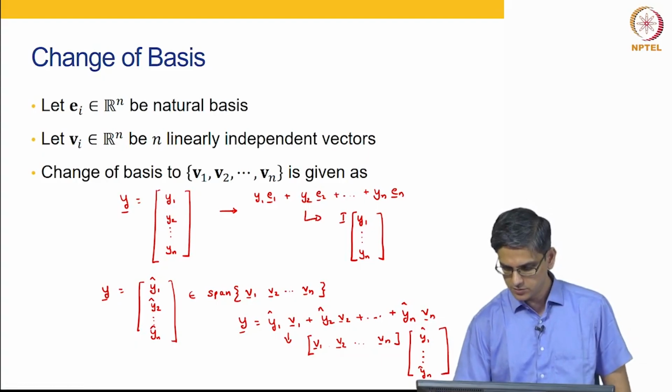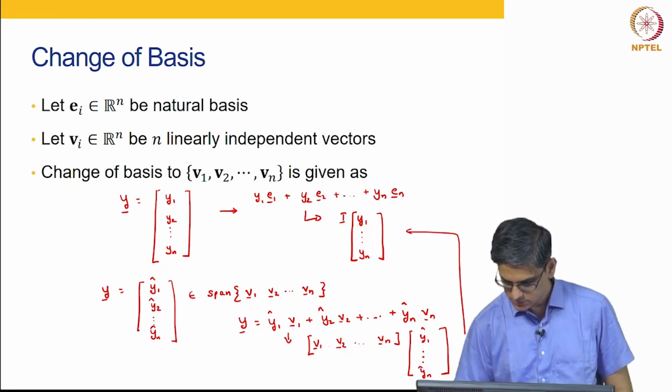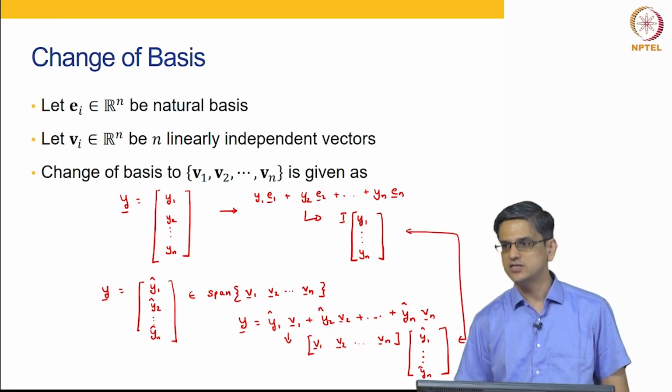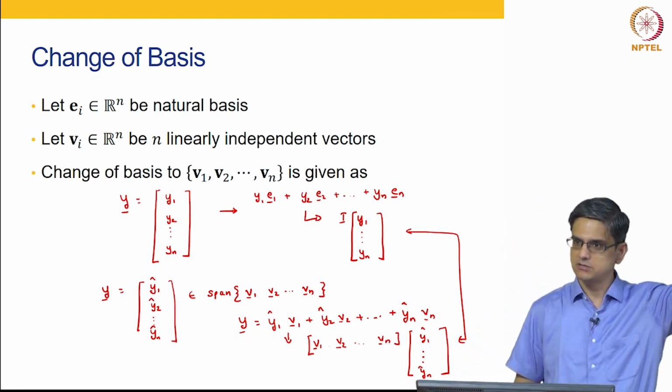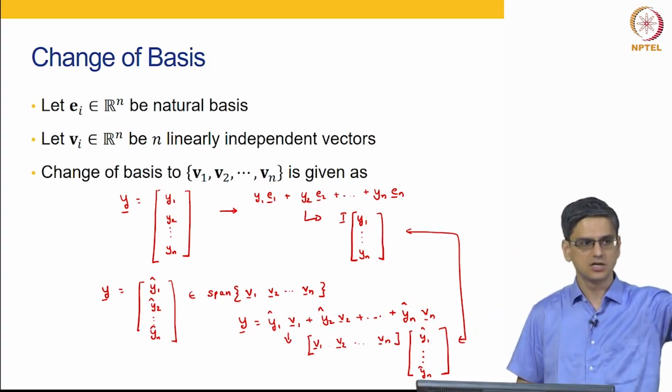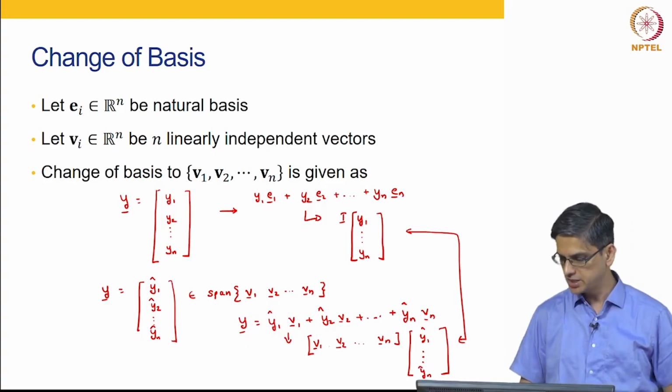But these two vectors are one and the same. It is the same vector represented in natural basis earlier and a new basis right now. So, we just equate them.